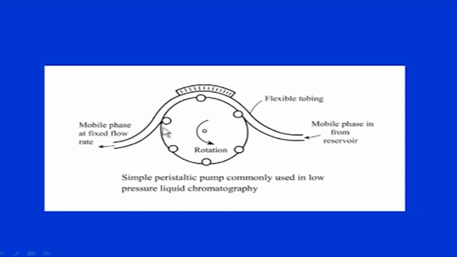Now, this has to be standardized, in the sense that different tubings will give you different flow rates as per the revolution of this disc. But that is a very simple peristaltic pump. There are also planetary type pumps available, and both of them can be used for providing an even or constant flow.